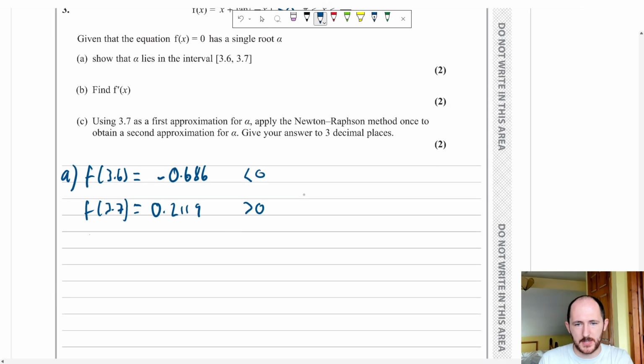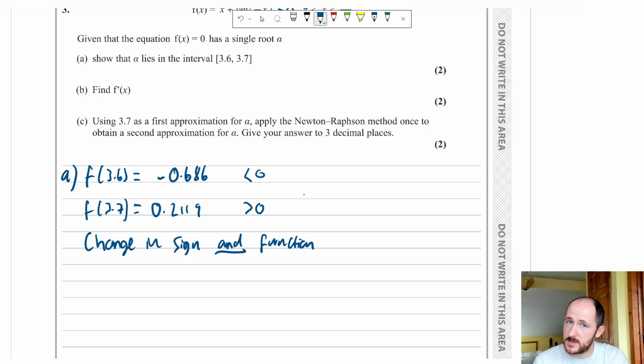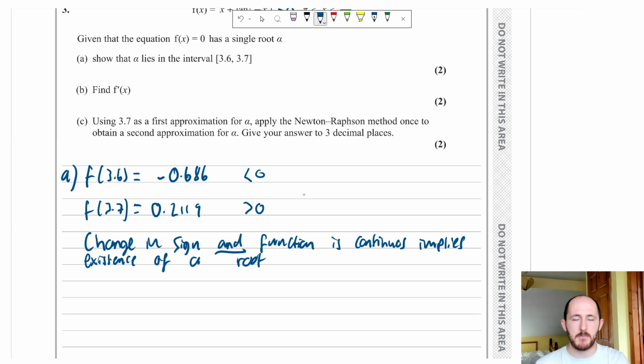So, change in sign, and function is continuous. That's the part that a lot of students miss out on, and you do lose the mark for it. Is continuous implies existence of a root.